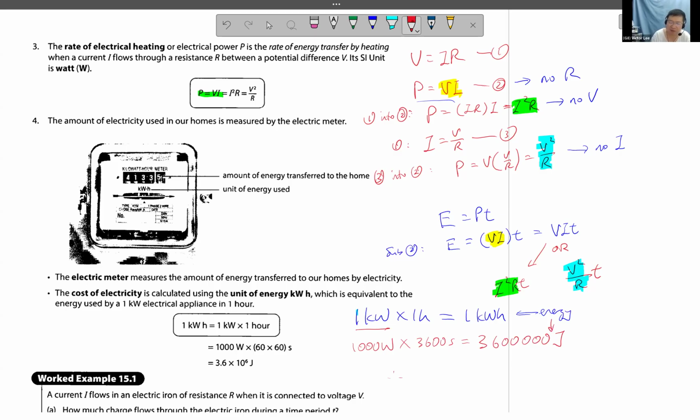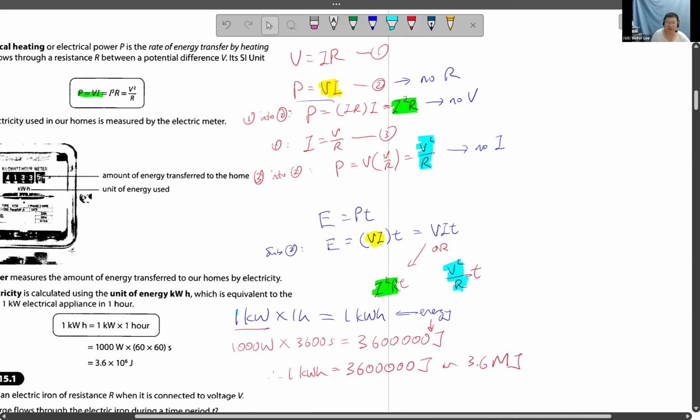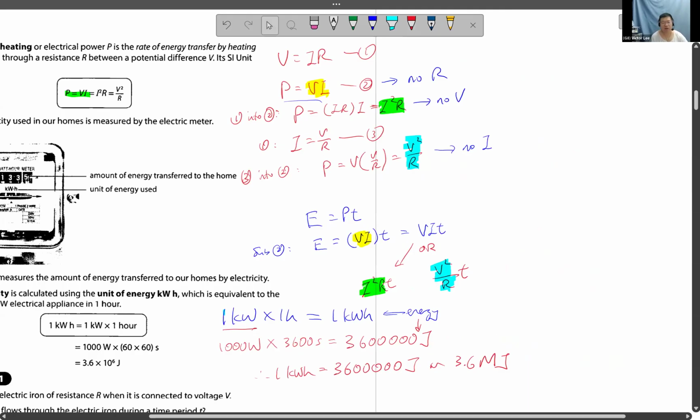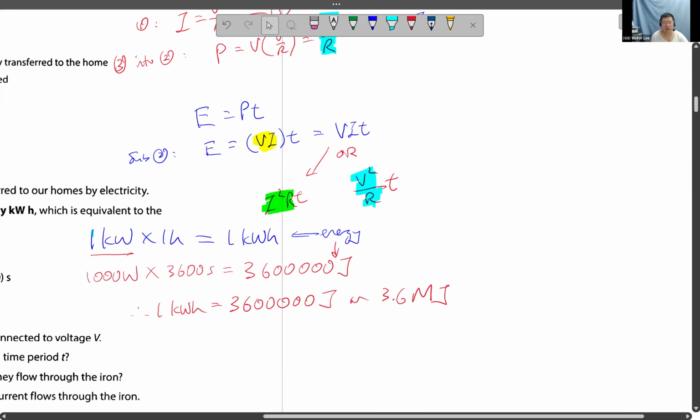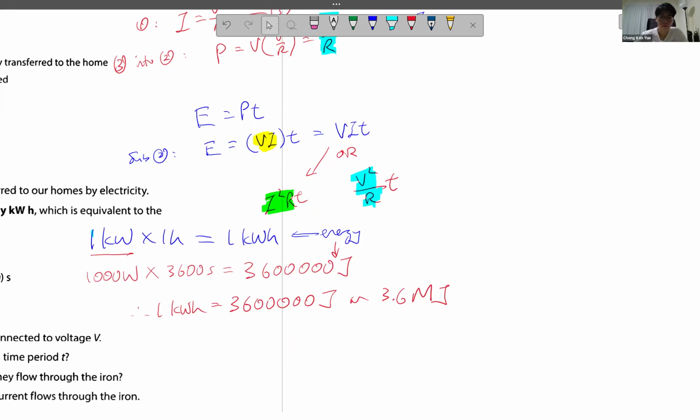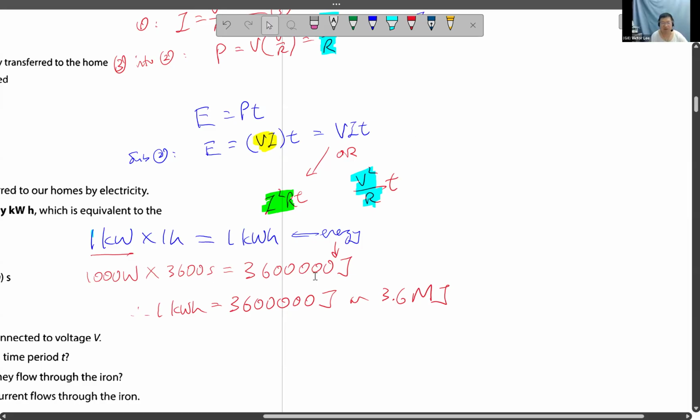In other words, 1 kilowatt hour is as good as 3,600,000 joule, or 3.6 megajoule. So that's what the equivalent is. If I convert to joule, power must be in watt and time must be in second. That's why power times time gives you the joule.